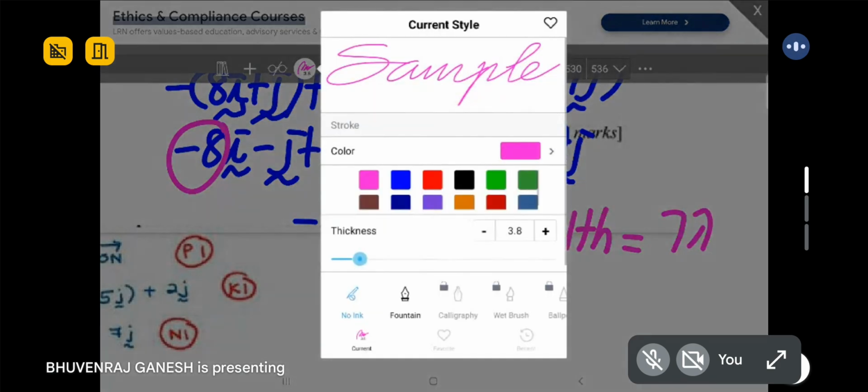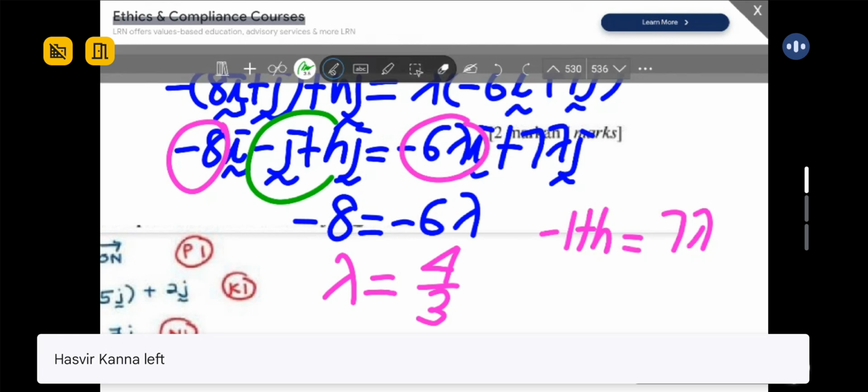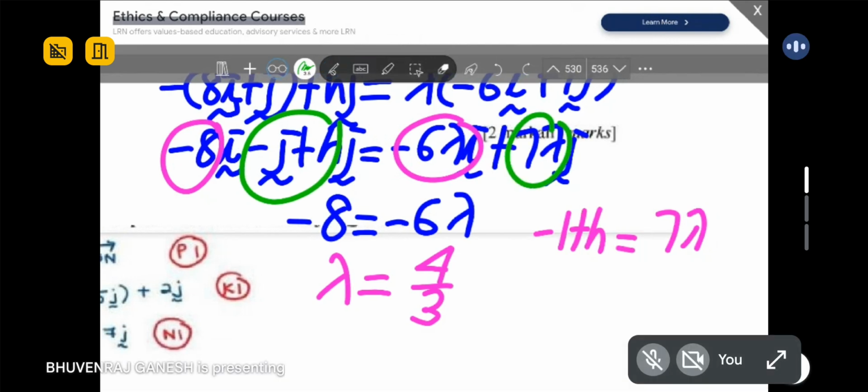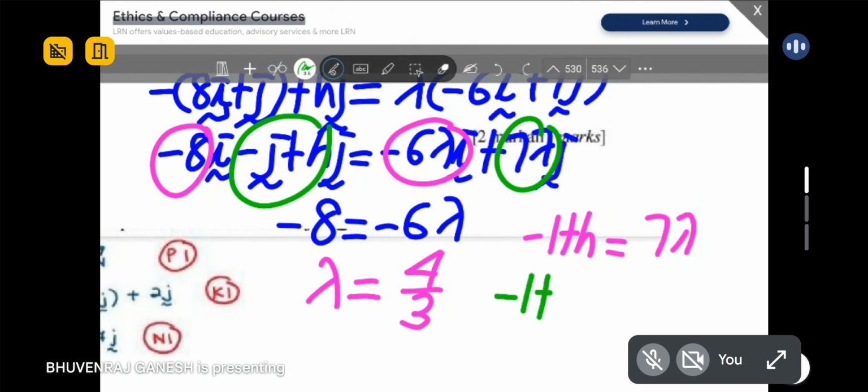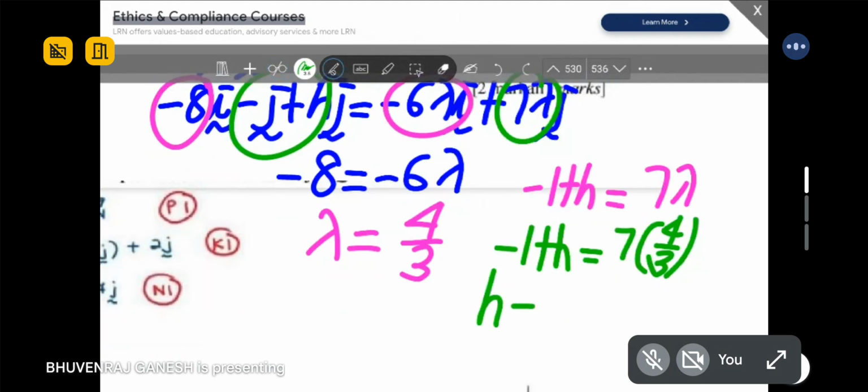You compare the coefficient of j. Can you see? I'm comparing them. Lambda, you already found, right? So you can substitute the lambda and then find your h. So the h value you should get how much? 28 over 3 plus 1. So 31 over 3, your h.